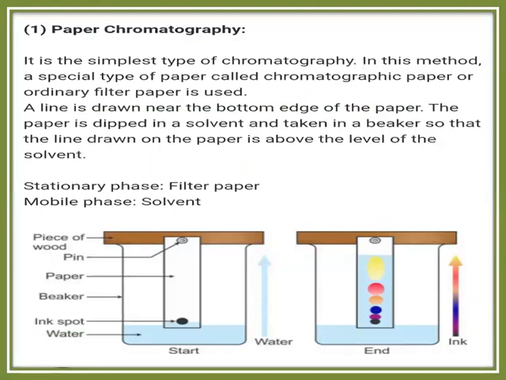This technique was first used for the separation of colors, so this name was given. The process involves drawing a line near the bottom edge of the paper. The paper is dipped in a solvent in a beaker so that the line drawn on the paper is above the level of the solvent.